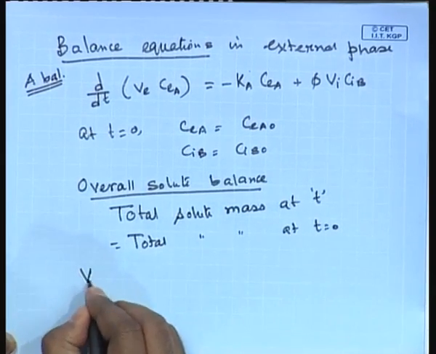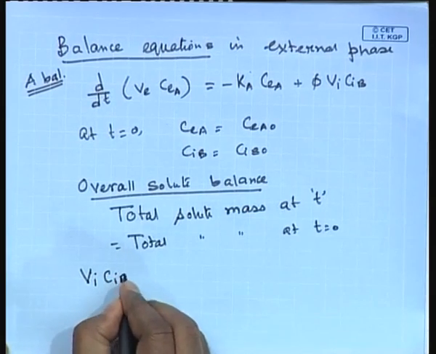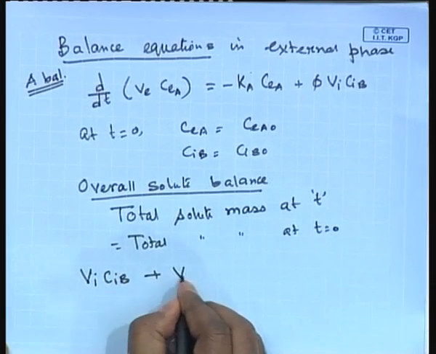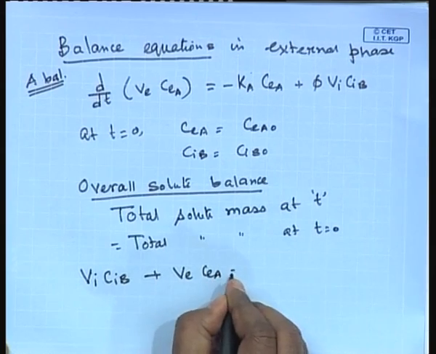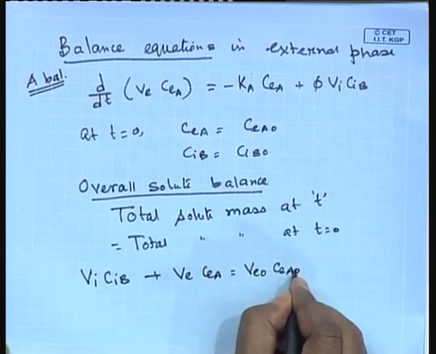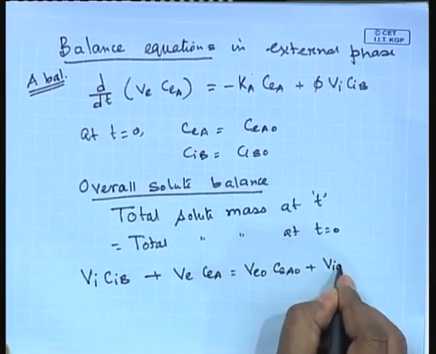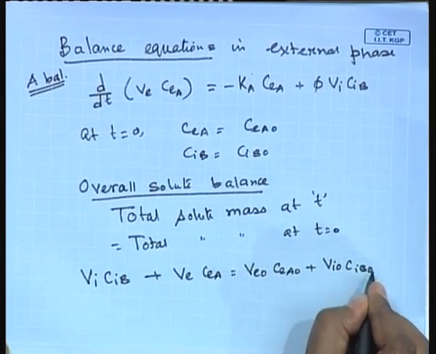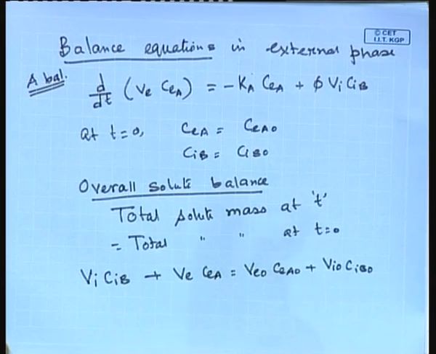Therefore, this can be written as Vi C_IB plus V_E C_EA is equal to V_E naught C_EA naught plus V_I naught C_IB naught. C_IB naught may be 0, that is fine, and B will be present only in the internal phase and A will be present only in the external phase.